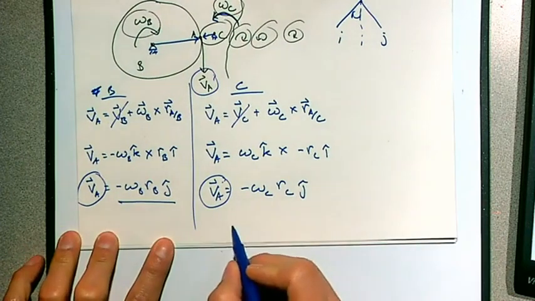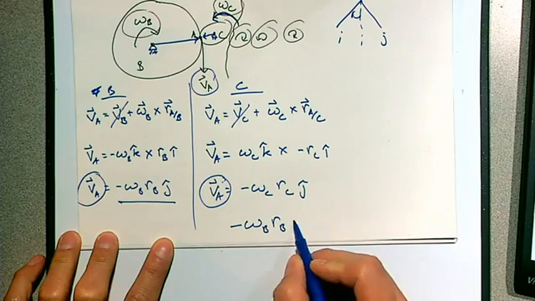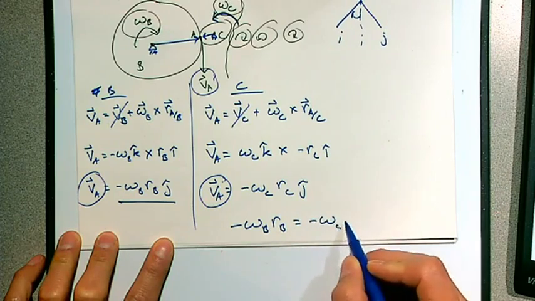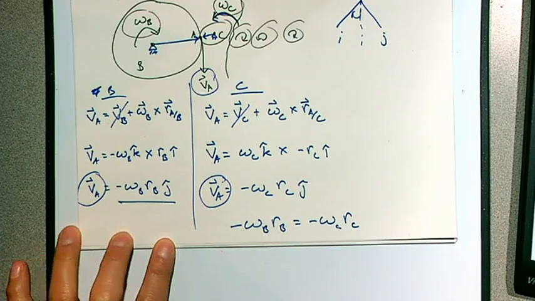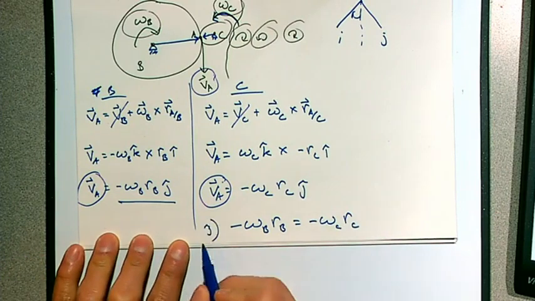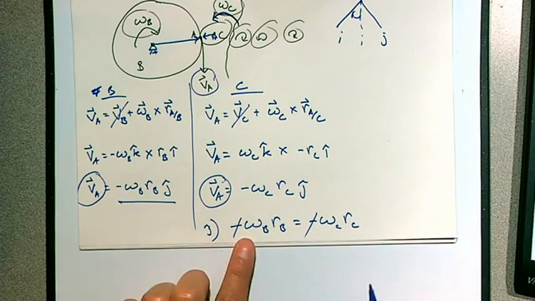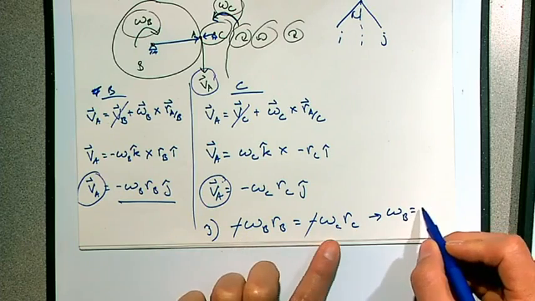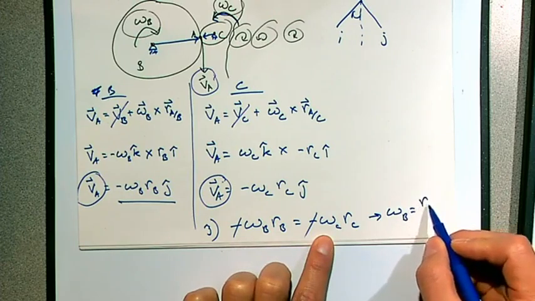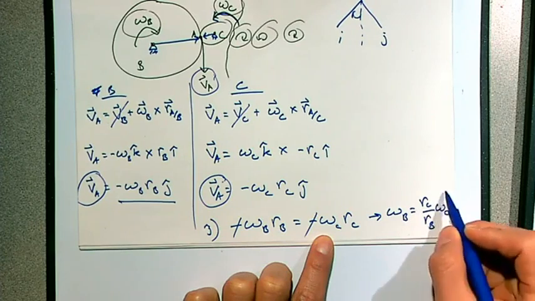We're left with minus omega b r b is equal to minus omega c r c. These are both in the j direction, if you care about that. So we get rid of those minus signs. And I can say that omega b is equal to r c over r b times omega c.